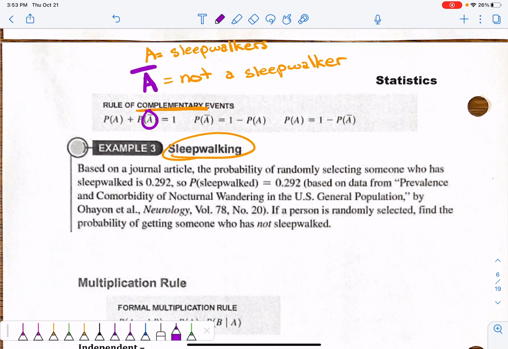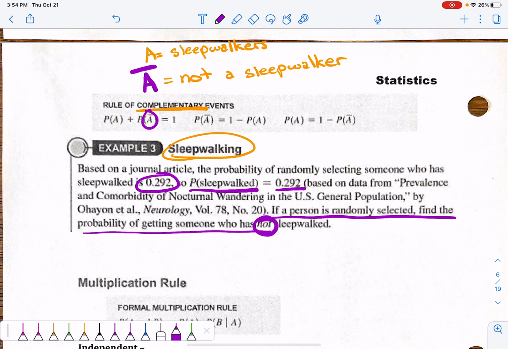Based on the journal article, the probability of randomly selecting a person who sleepwalks is about 29%, okay? So that's probability sleepwalked equals 29% based on the data. If a person is randomly selected, find the probability of getting someone who has not sleepwalked. So they're saying, what is the probability of A bar, which equals the probability of no sleepwalk?